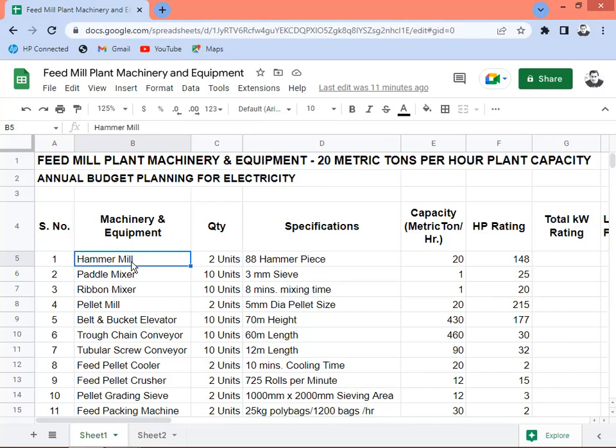Okay, so I have specified here a feed mill plant machinery and equipment for our example in our exercise.